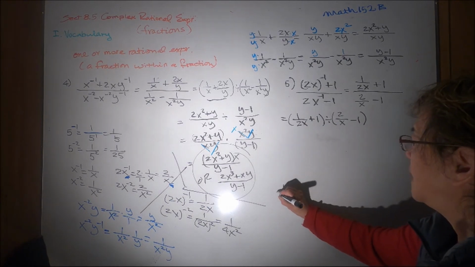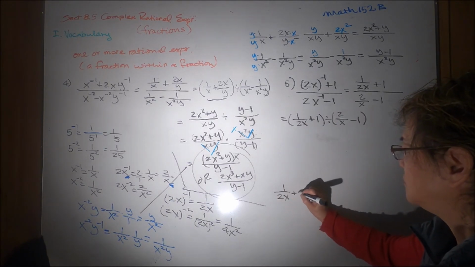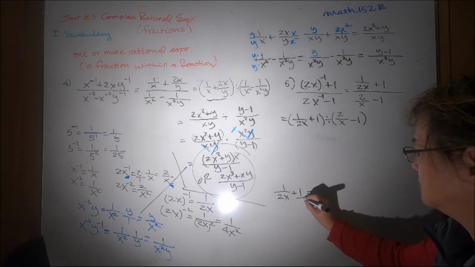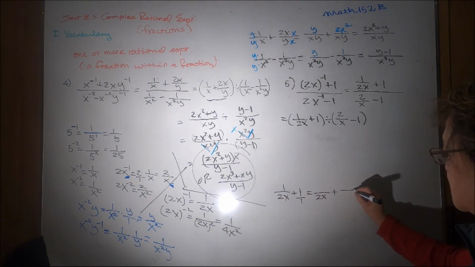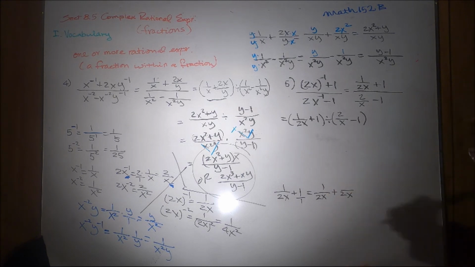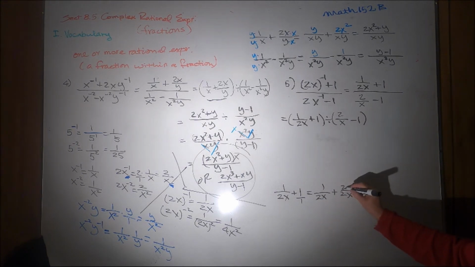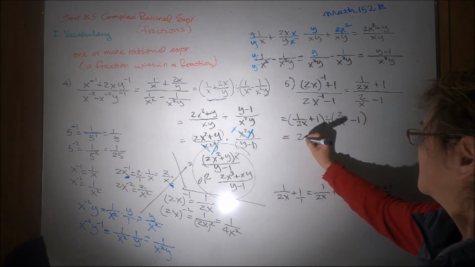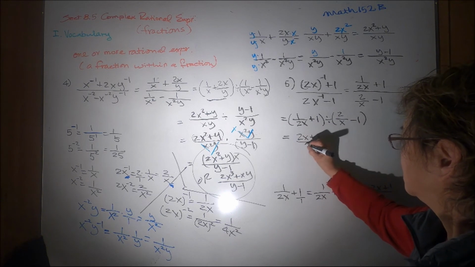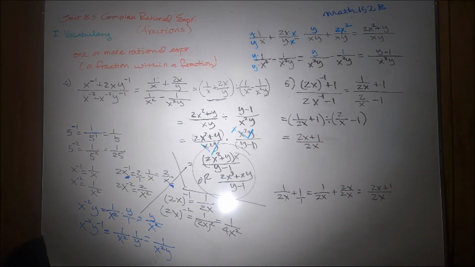So for 1 over 2x plus 1, you need to make a single fraction by using the LCD, right? That's 1. This is a 2x, so that would be what? 2x plus 1. Is that right? So this one would be 2x plus 1 over 2x, right?